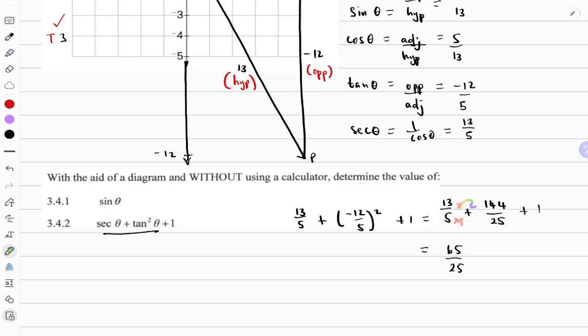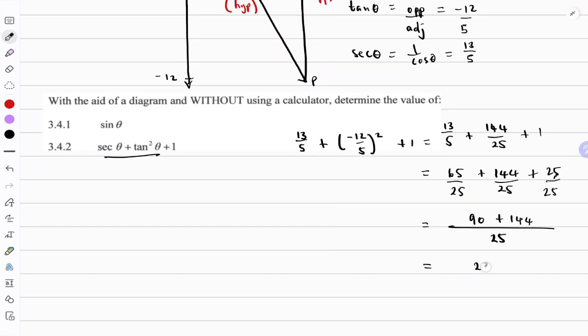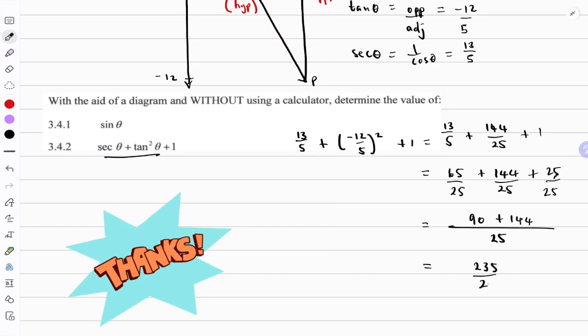Let's say if you multiply by 5 and 5 here, plus 144 over 25, but 1 can be seen as 25 over 25. So this is 25 in the denominator, is equal to, so 65 plus 25 is 90, plus 144. So this here is equal to 235 over 25.